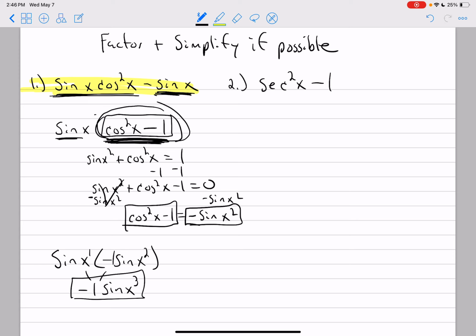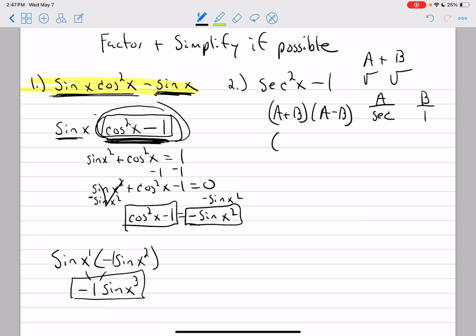So if I remember correctly, I'm going to do a plus b times a minus b. And remember, a and b are the square roots. So in this case, a is secant, which is the square root of secant squared, and b is 1 because b is the square root of 1.